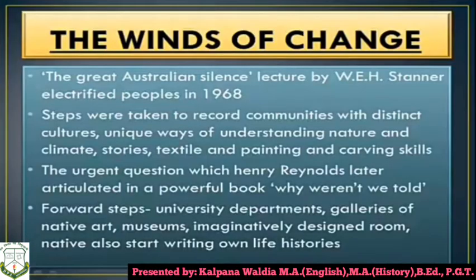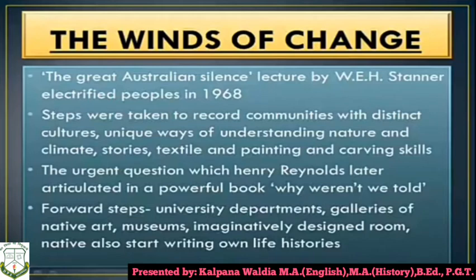Let us understand the wind of change for the Australian natives. The Great Australian Silence, a lecture by W.E.H. Stanner, electrified people in 1968. Steps were taken to record communities with a distinct culture and a unique way of understanding nature and climate. Stories, textiles, paintings and carving skills were all maintained.